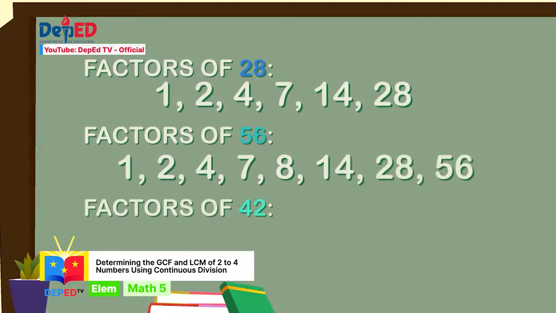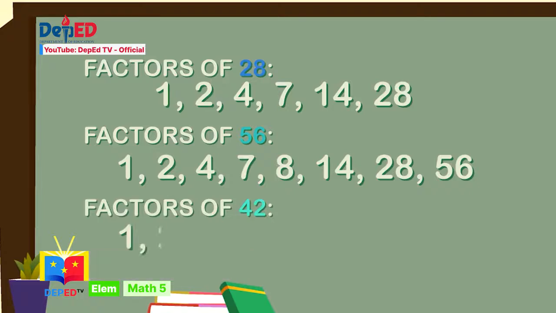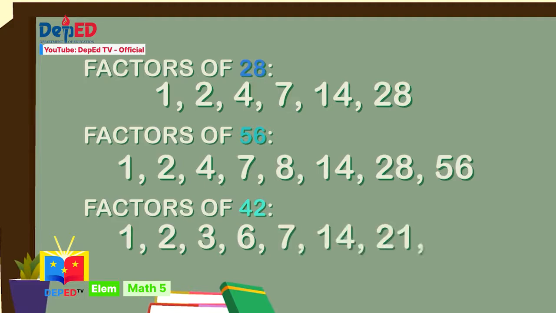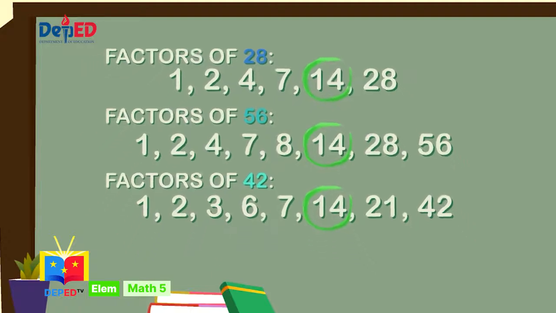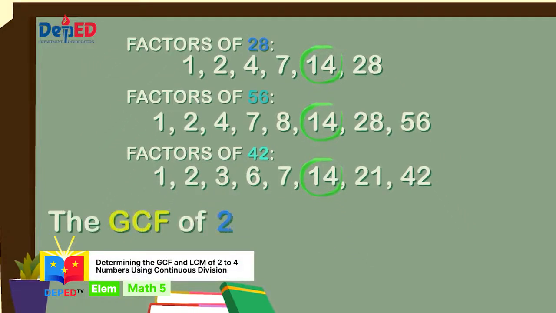And the factors of 42 are 1, 2, 3, 6, 7, 14, 21, and 42. Notice that after 14, there is no greater factor to all three numbers. Therefore, the GCF of 28, 56, and 42 is 14.